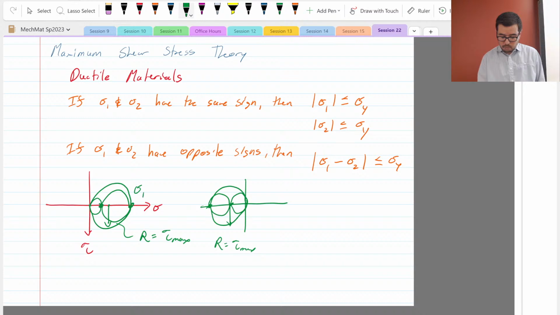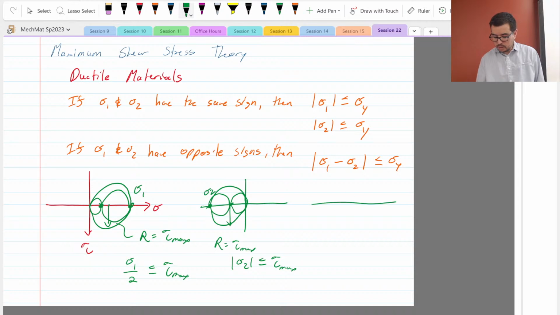And if this was sigma 1 and this was sigma 2, what we're saying is that sigma 1 divided by 2 has to be less than or equal to tau max. And over here, we're saying that sigma 2, absolute value, has to be less than or equal to tau max.